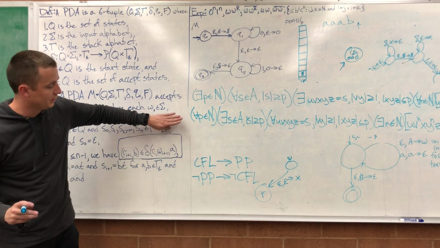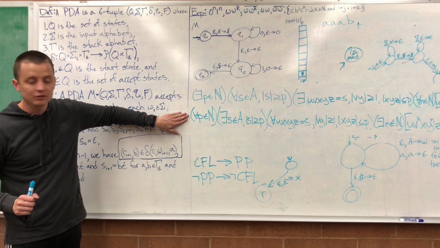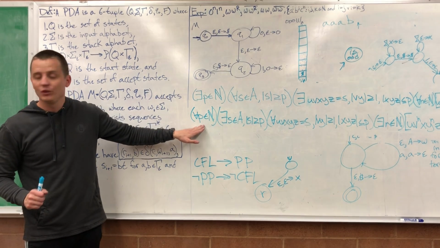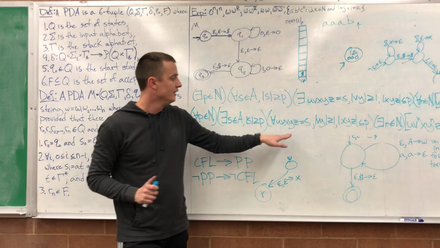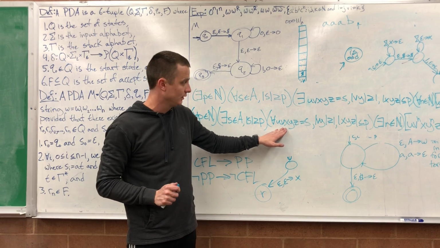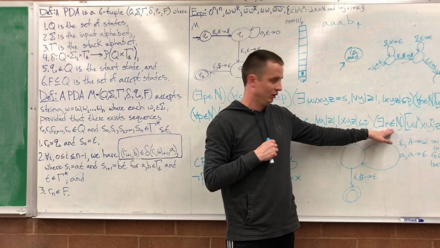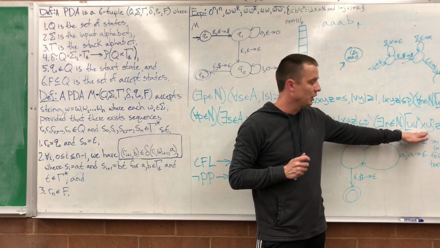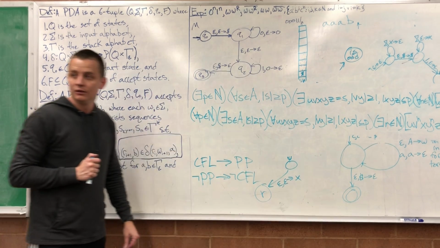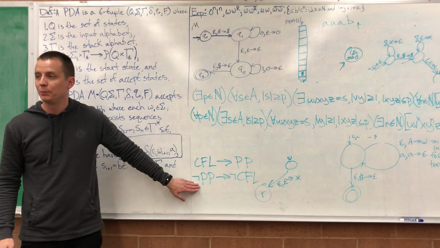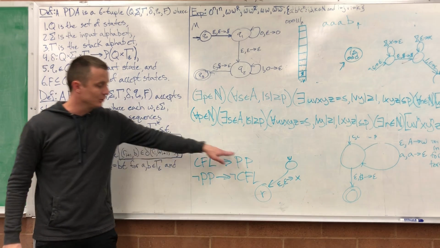So to show that something is not a context-free language, we show that this applies to it. If I can show that for some language, no matter what length p you choose, I can always find some string in the language of that length, such that no matter how you divide up the string, I can find some number to pump it up to, such that the pumped string is no longer in the language, then I show that the language doesn't have the pumping property, and therefore it's not a context-free language, because every context-free language has this pumping property.